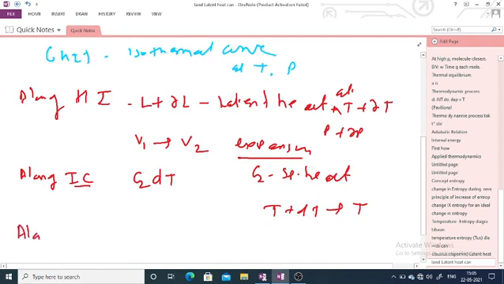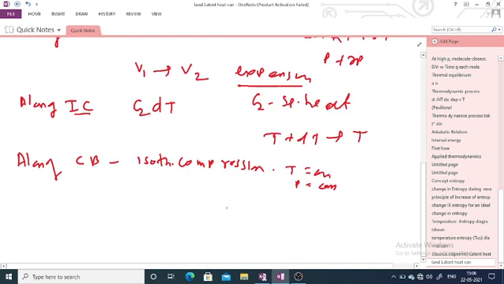Third step is along the CB. Similarly, like the isothermal compression, temperature constant, pressure constant, so the amount of heat rejected is L, heat rejected.